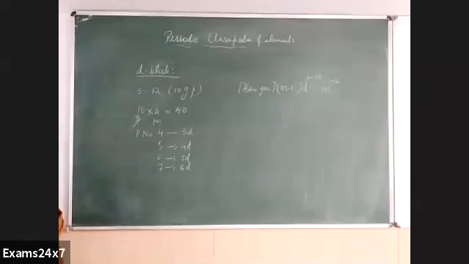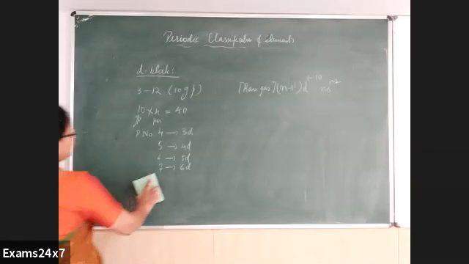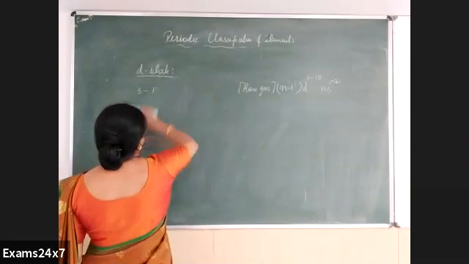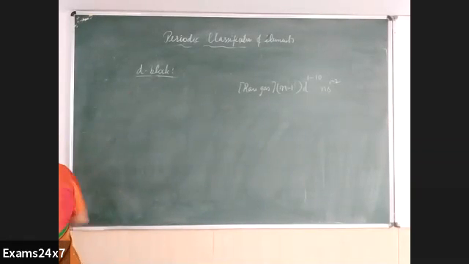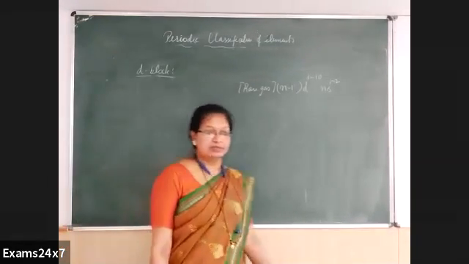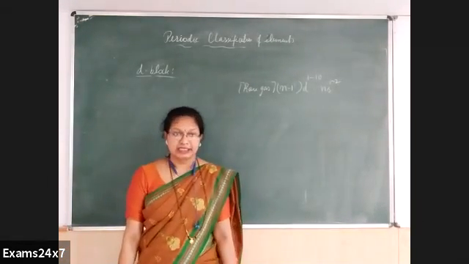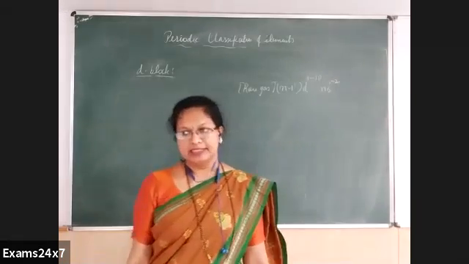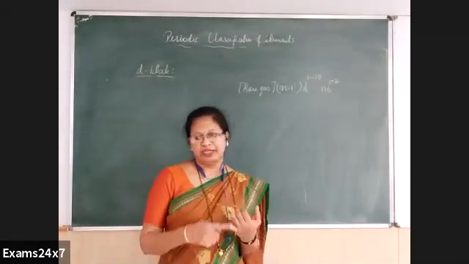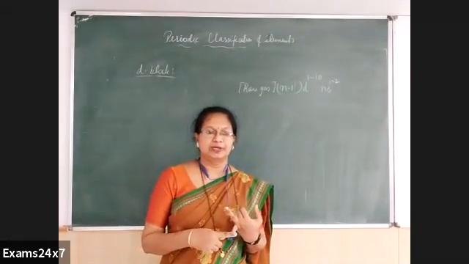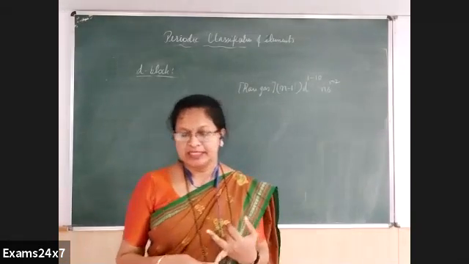Now, how will you find the valence and valency relation here? The valence and valency relation we can't generalize because I said they show variable valencies. List down the properties. Variable valency.